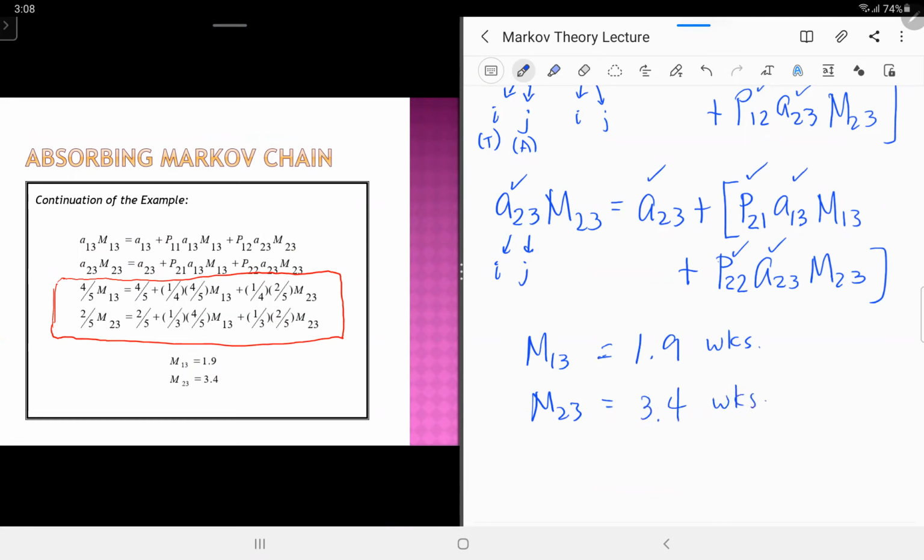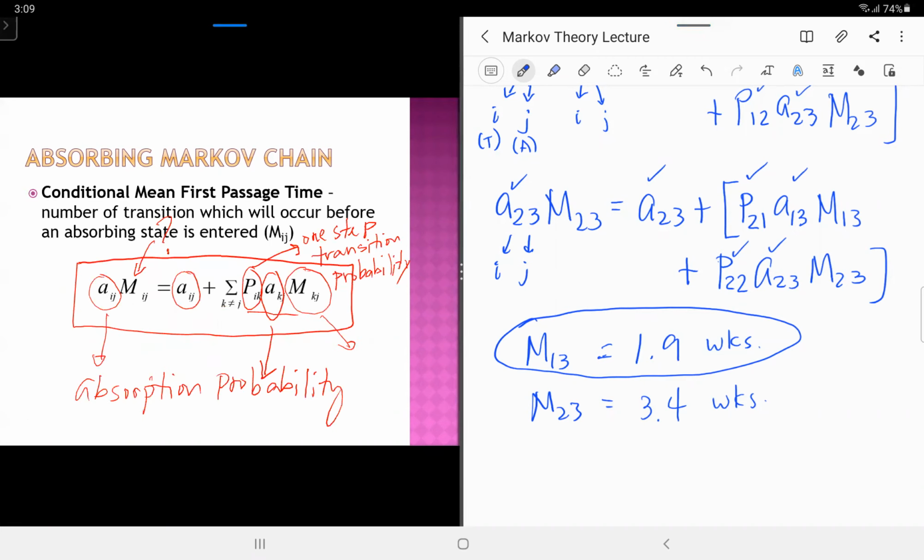So basically, this is what we're looking for. And it's telling us that, based on the definition, the average number of transitions that will happen before you enter absorbing state 3 coming from transient state 1 is around 1.9 transitions or 1.9 periods.